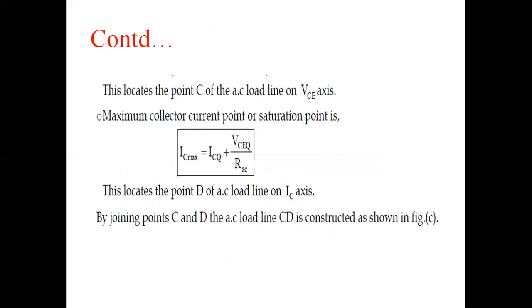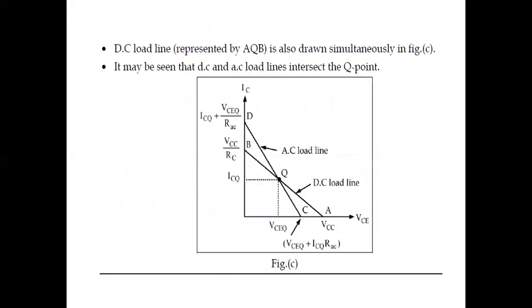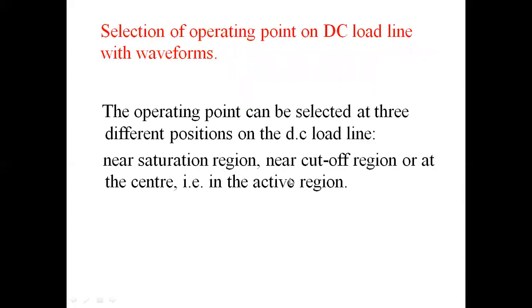It is drawn passing through the operating point. In this plot, the DC load line is represented by AQB, which is also drawn simultaneously in the given figure. It may be seen that the DC and AC load lines intersect at the Q point, which we name the operating point.